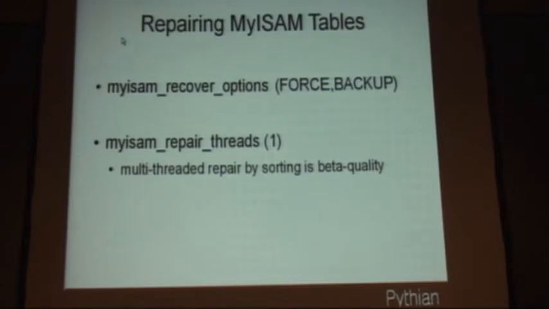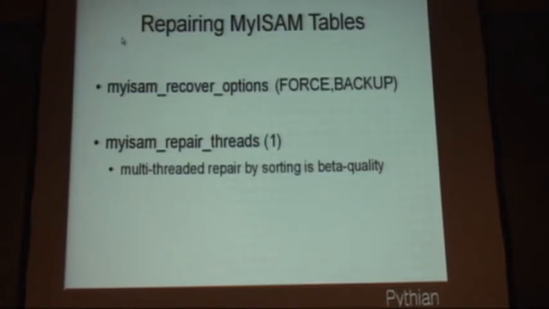So here you have force, comma, backup. If you don't have any argument, it's the same as default. And specifying an explicit value of blank will disable recovery, which is actually the default. So if you don't specify it or you specify blank, it won't do automatic recovery.